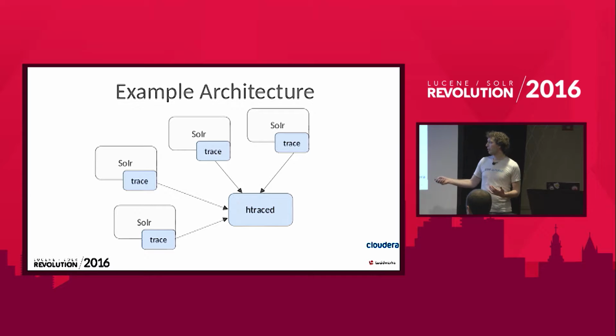If you want to swap this out for Zipkin, the Zipkin collector, because it's much prettier, as lots of Twitter technology is, it looks very, very pretty, then at this translation layer, you say, okay, you're not sending it to an HTraceD, you're sending it to a Zipkin receiver, and that all gets taken care of on the back end for you.